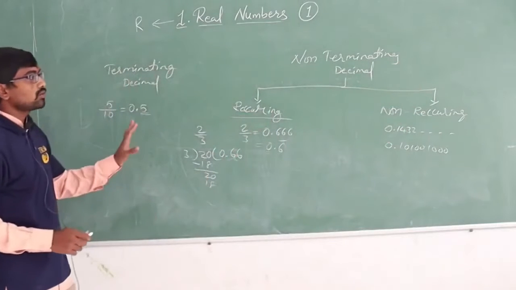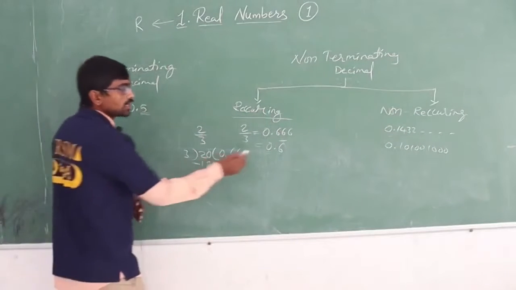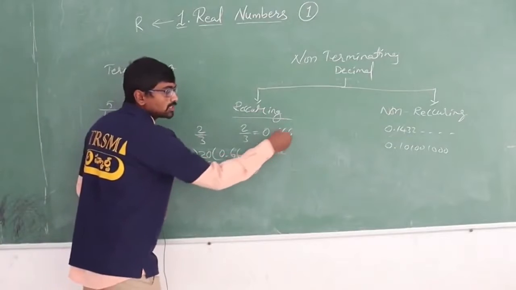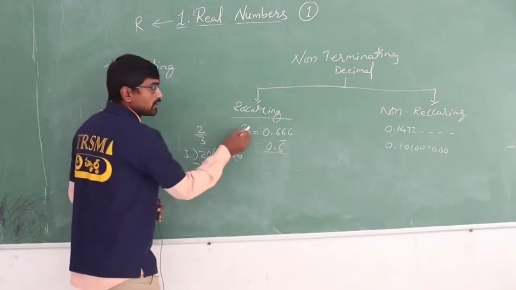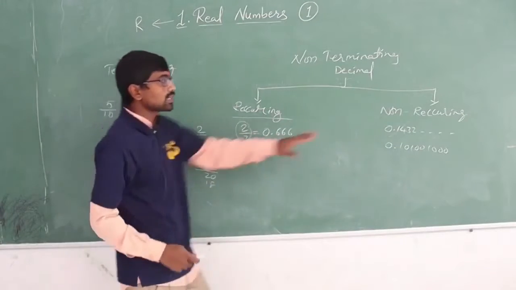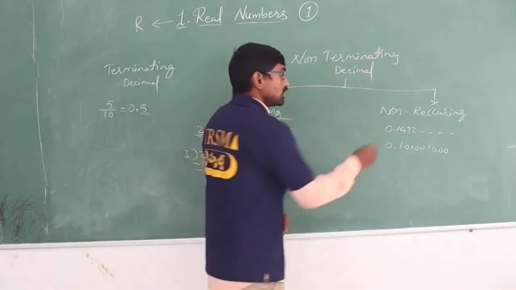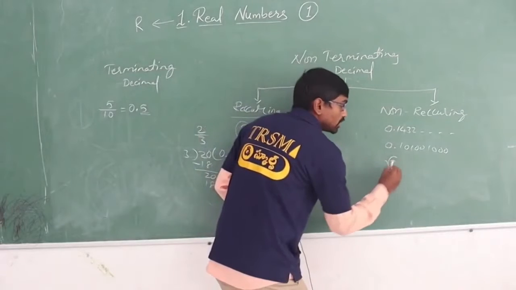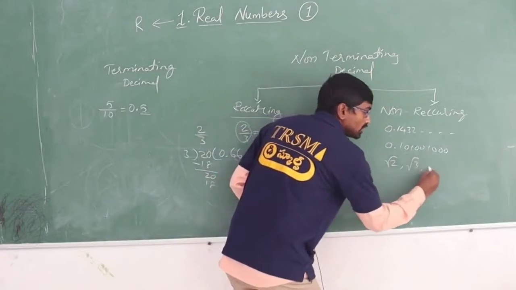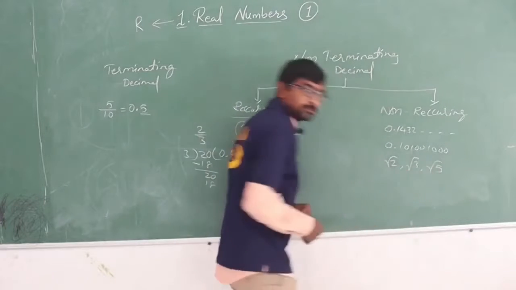Okay, so this is how we can convert. Now you can see here, if I convert 0.6 bar into p by q, then I will be getting 2 by 3. But for such non-recurring decimals, we get root 2, root 3, root 5.